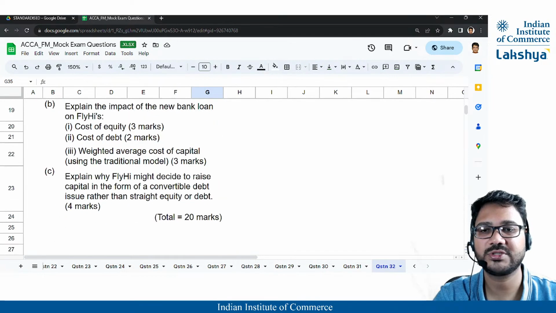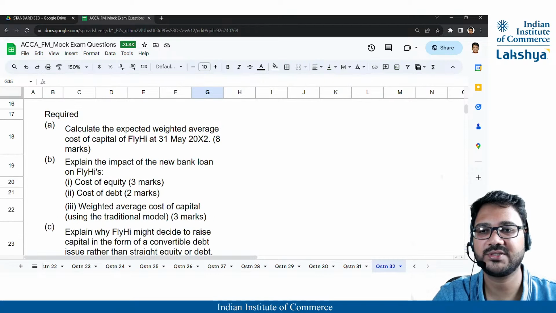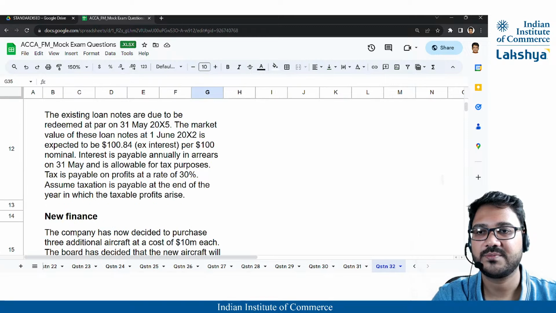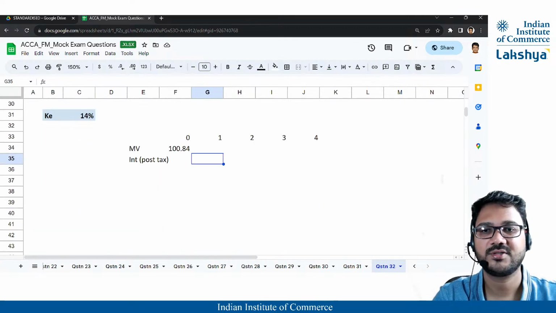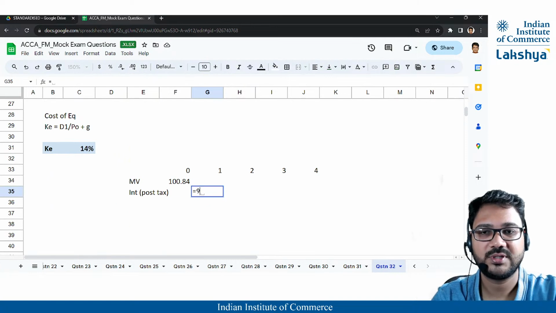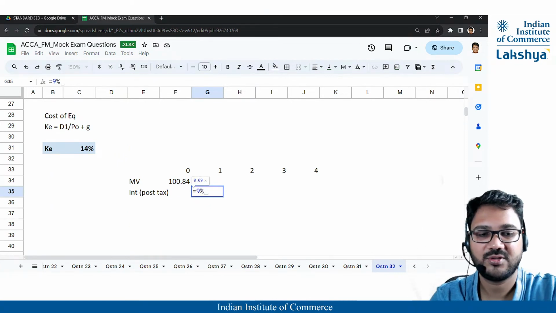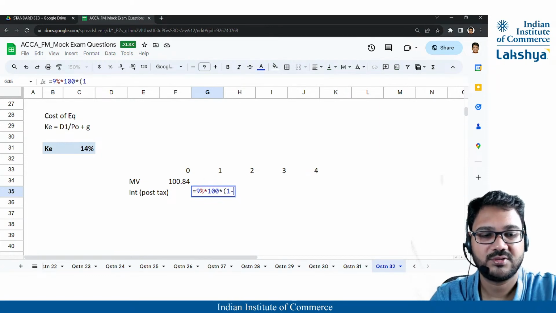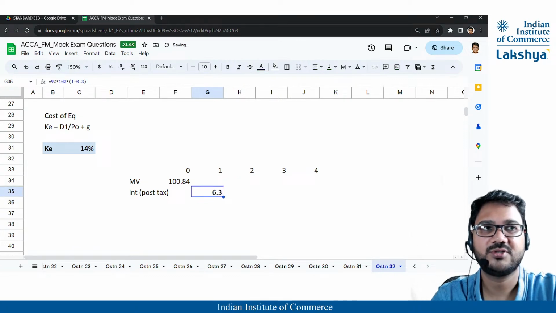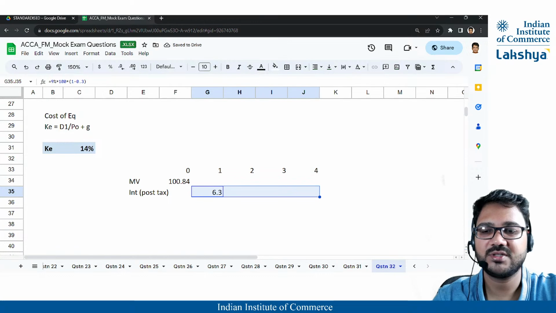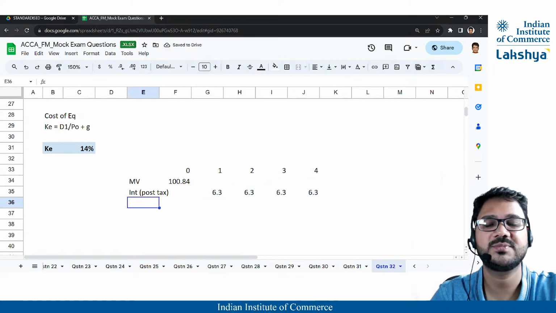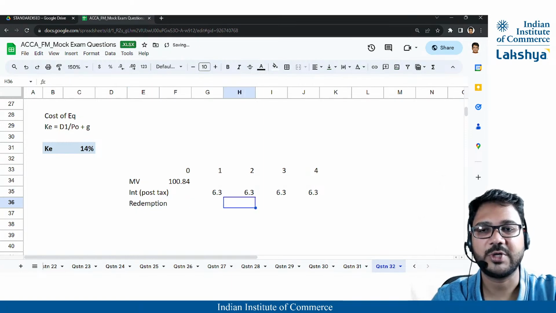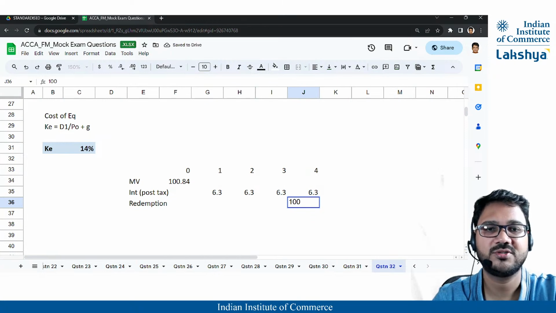However, post-tax, so 1 minus T, 30%. So it is equal to 9% into 100 into 1 minus 30%. So 6.3. So every year, $6.3 is paid out as interest. Now, redemption was at par, which is at $100.